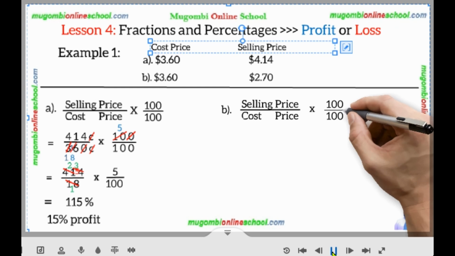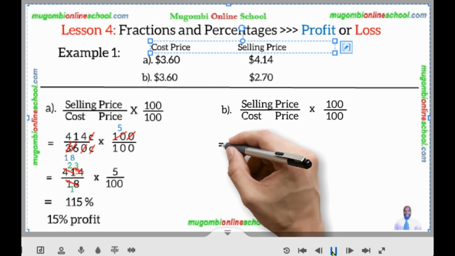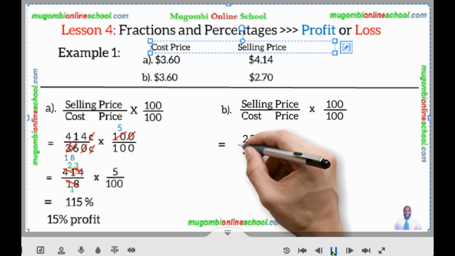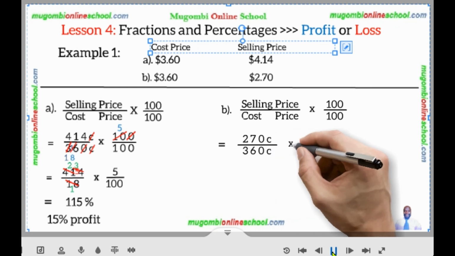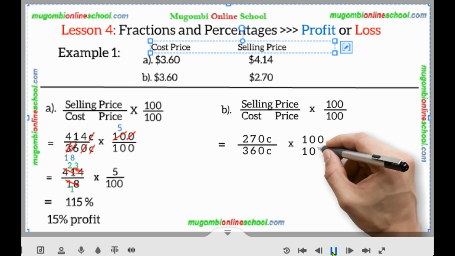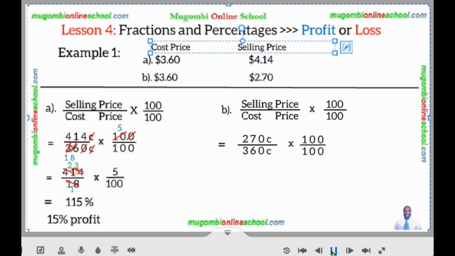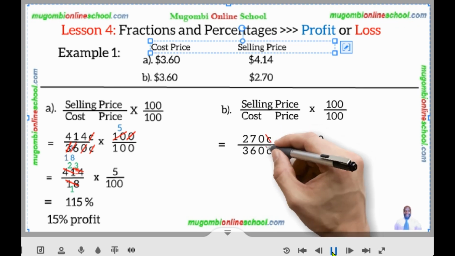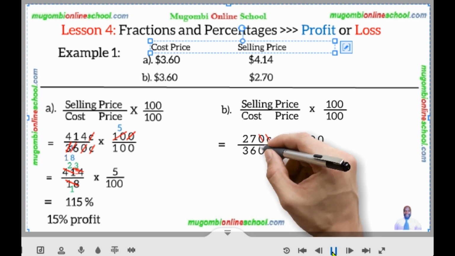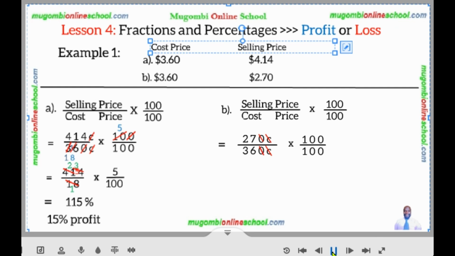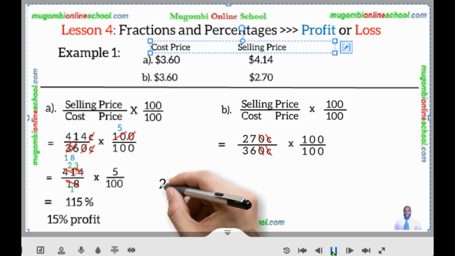Then we convert the dollars into cents. We will get 270 cents over 360 cents times 100 over 100. And then we cancel the cents here. These are common units. And then we cancel the zeros, that is dividing by 10. And then finding the factors.